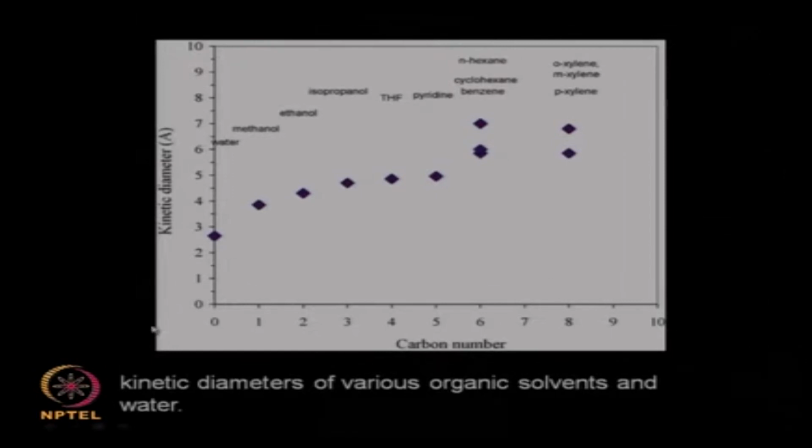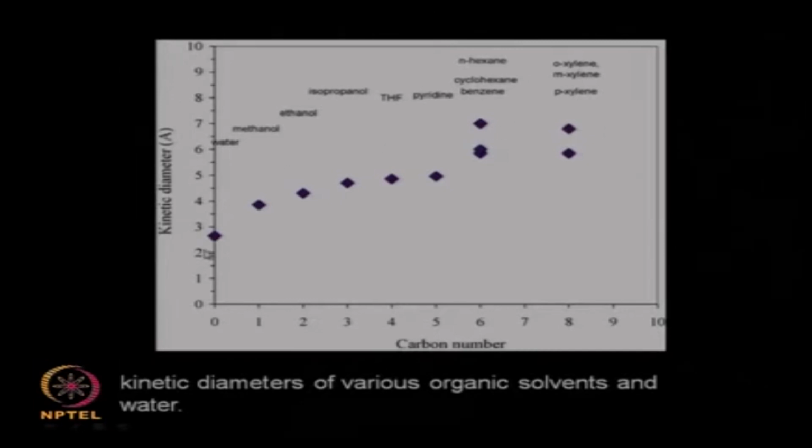Depending upon the carbon number, the kinetic diameter keeps increasing. As you can see, water is very low, the kinetic diameter is very small because it does not have any carbon of course. Then you have methanol, ethanol, isopropanol, THF, pyridine, hexane, paraxylene and so on. So you see the kinetic diameter increases from almost 2.5 to 7.